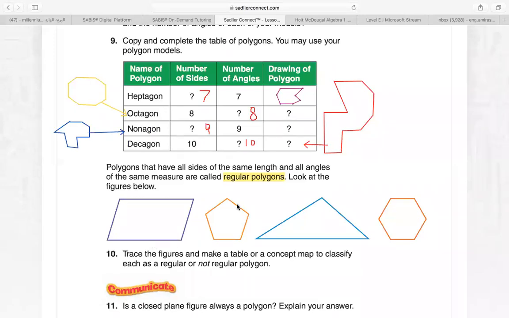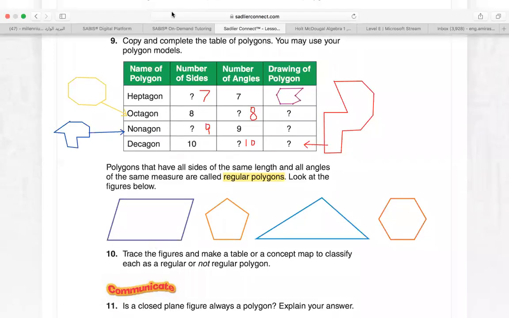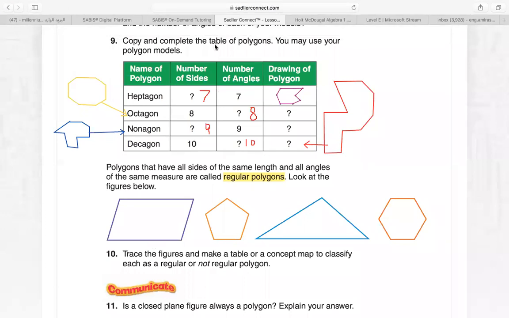The regular, this one, this shape, and this one, all the sides are equal and all the angles are equal. And this one. Now, why is this parallelogram not? Because in the parallelogram, every two corresponding or opposite sides have the same length, but not all the 4 sides are the same.